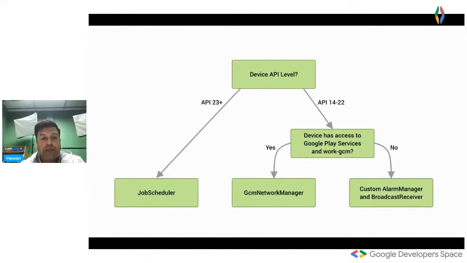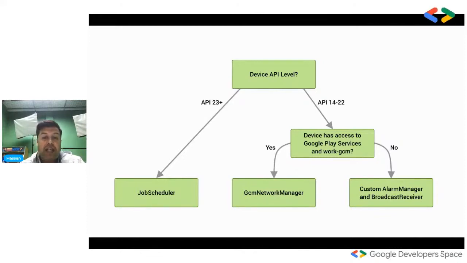And just to elaborate on how it works under the hood, it is based on your device API level, which determines what to use. If it's API level 23 and above, it will use JobScheduler under the hood. If it's API level 14 to 22, then it will see if Google Play services are available on the device.